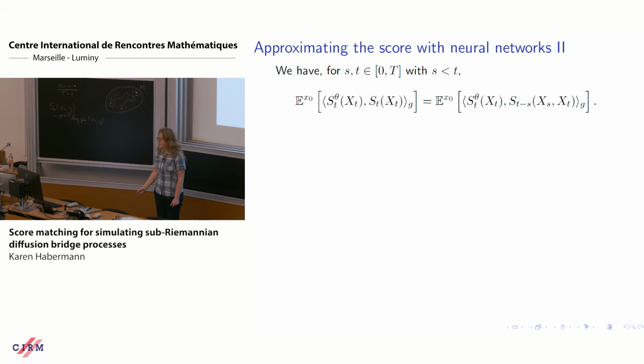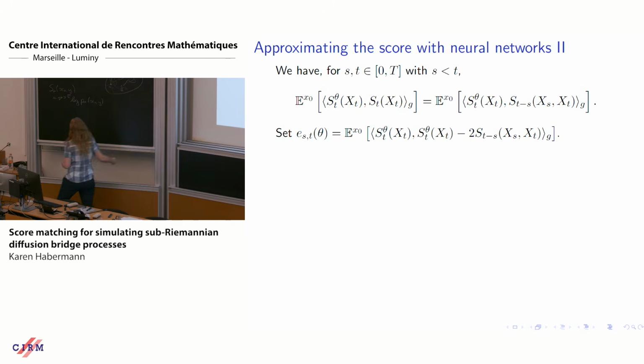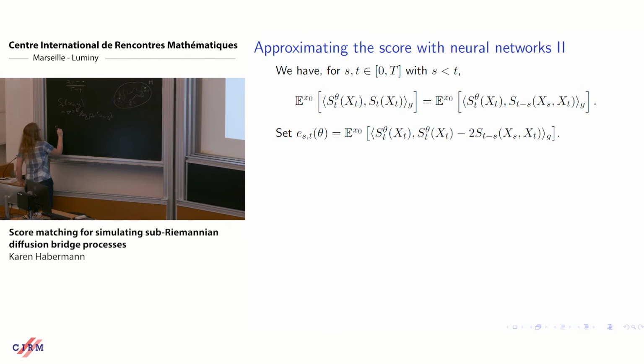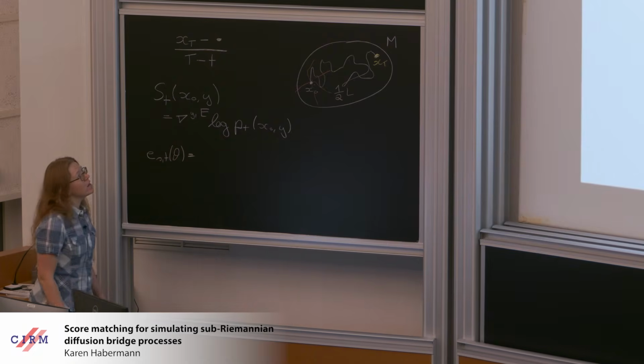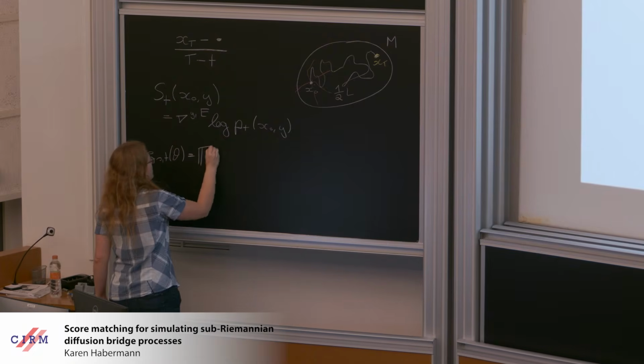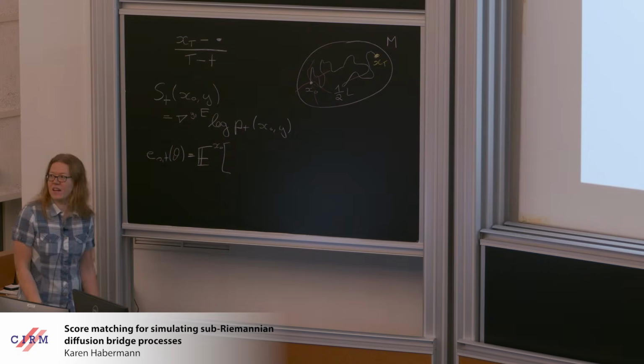Okay. Then the next observation, well, first of all, we now introduce this e_s theta, and I'm also going to write this down because we will need that a few times. So what's happening in here, so again, we take the expectation where all our paths start at x0.